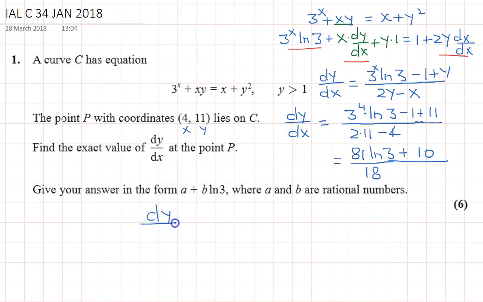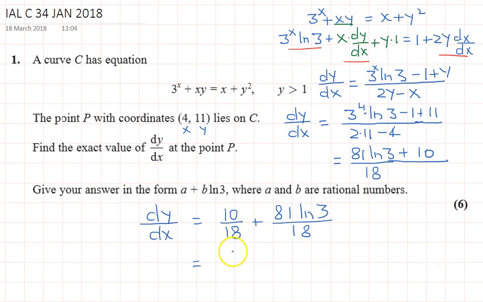So dy over dx at (4, 11) will be 81 ln 3 over 18 plus 10 over 18.